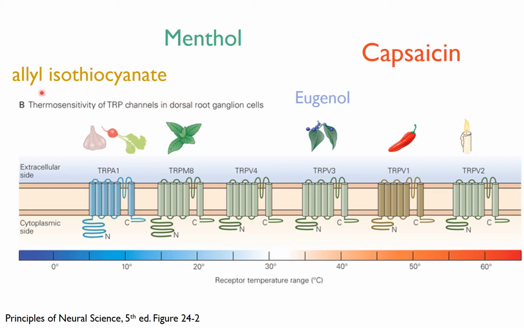This is a compound found in a variety of different things that also transmits a sensation of heat or spiciness, and that might be either garlic, radishes, or even mustard. It's also responsive to the primary compound in cinnamon, cinnamaldehyde.